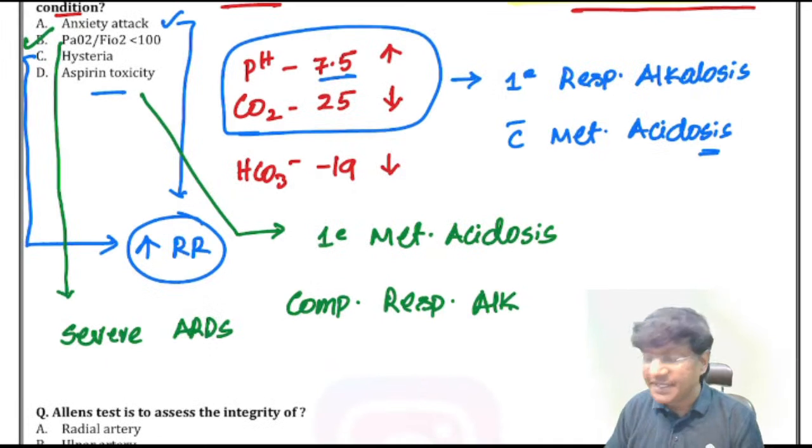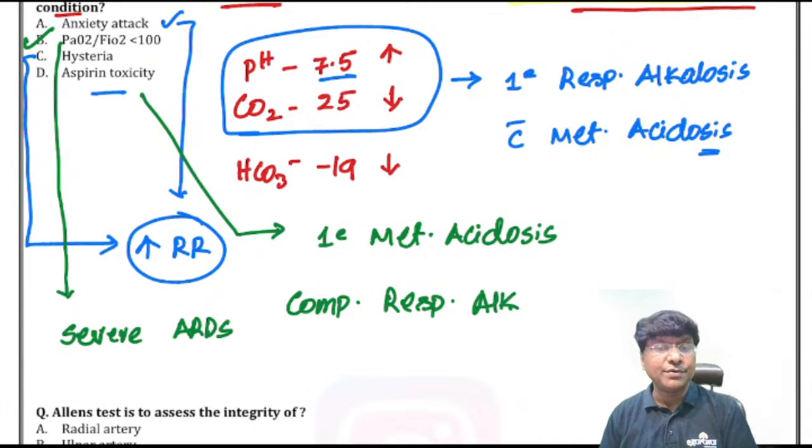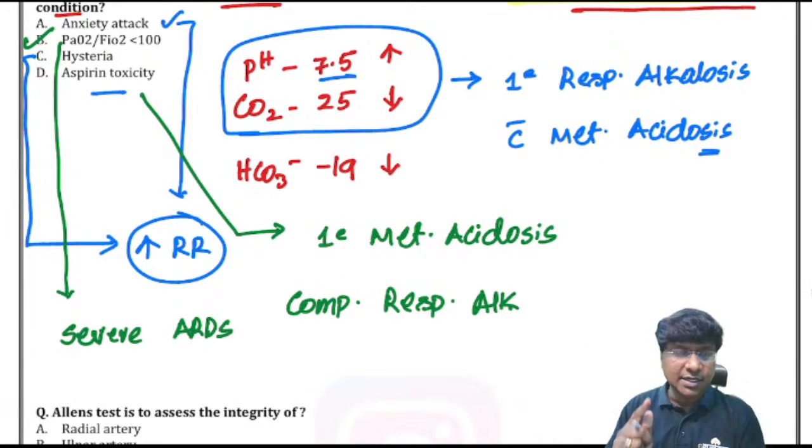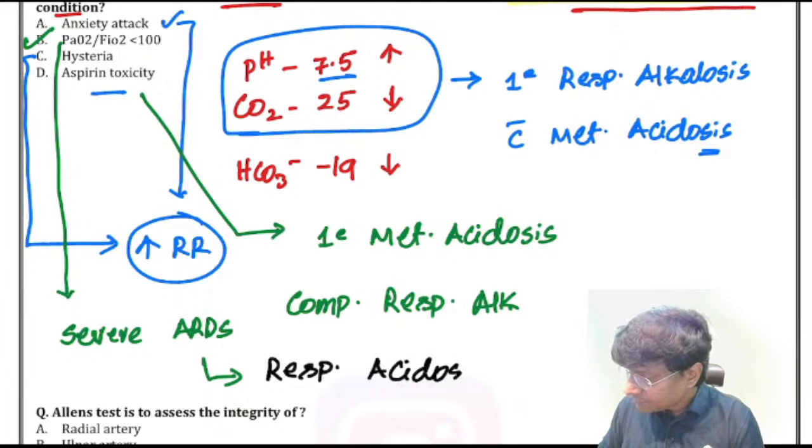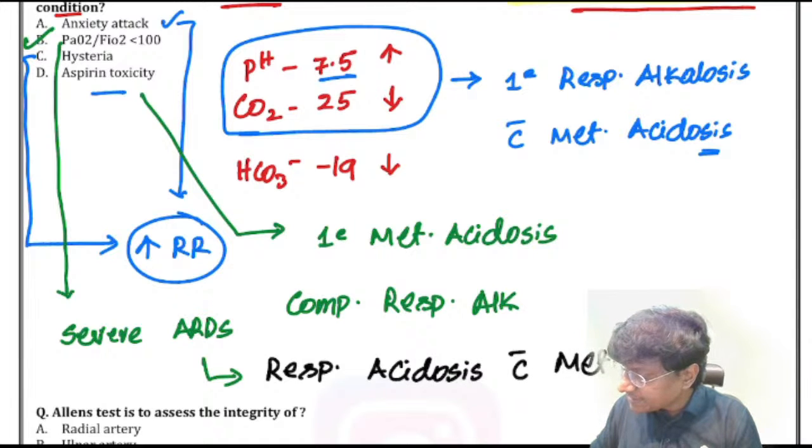If PaO2 by FiO2 is around 200 to 300, it is mild ARDS; around 100 to 200 is moderate ARDS; and less than 100 is severe ARDS. And in severe ARDS, please remember that the patient will have respiratory acidosis with metabolic alkalosis.